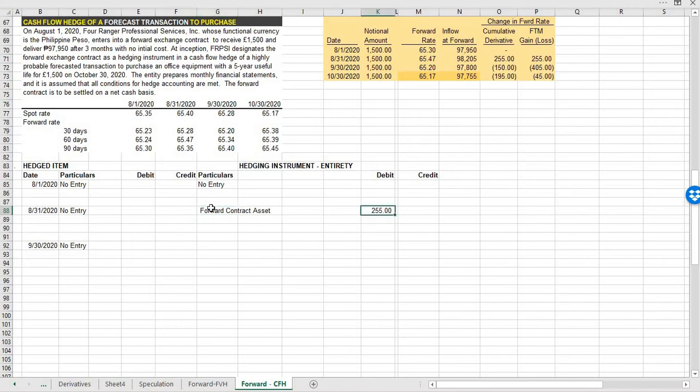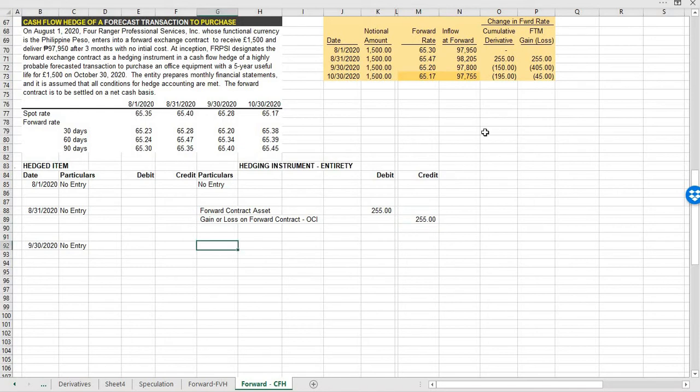Ito yung para sa cumulative change. This will appear in the statement of financial position. Then, credit tayo ng gain or loss on forward contract, OCI, 255. Ngayon, etong ating gain or loss will appear in the OCI account. Hindi ito lilitaw sa ating income statement. Again, ito ay sa other comprehensive income.